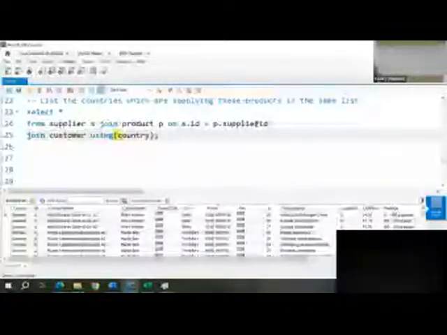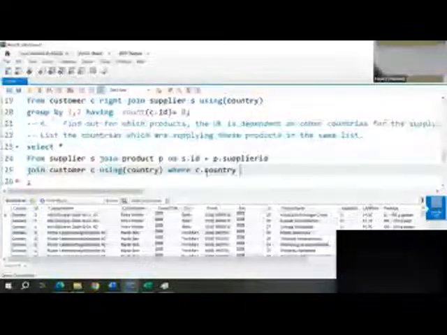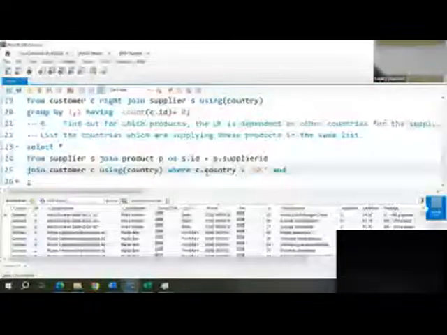Data. I just have to do the aggregation. That is all. So I have to find out where, sorry, just filter. That is all. Where what? Yes. C, let's call this as is equal to UK and S dot country not equal to UK.